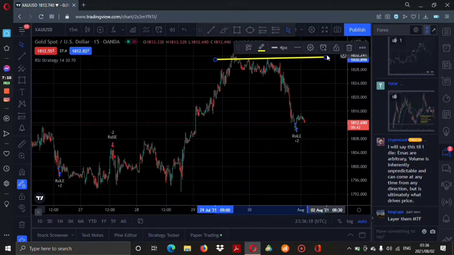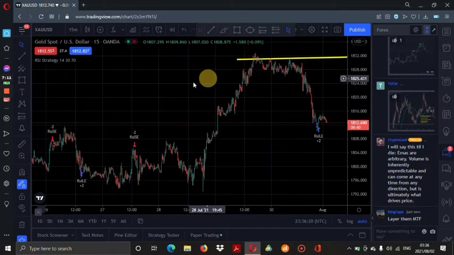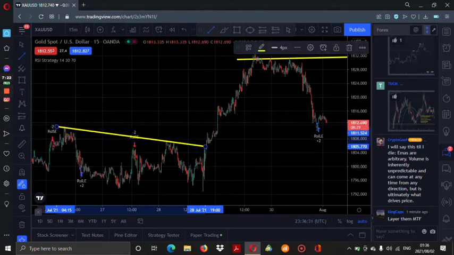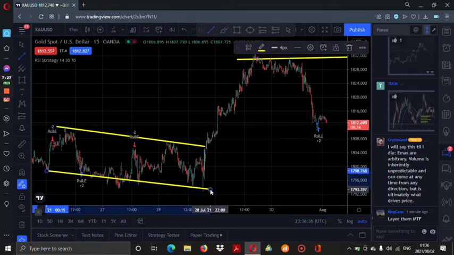Usually gold is much easier to analyze, as you can see here. It's not that difficult. It's actually more interesting.